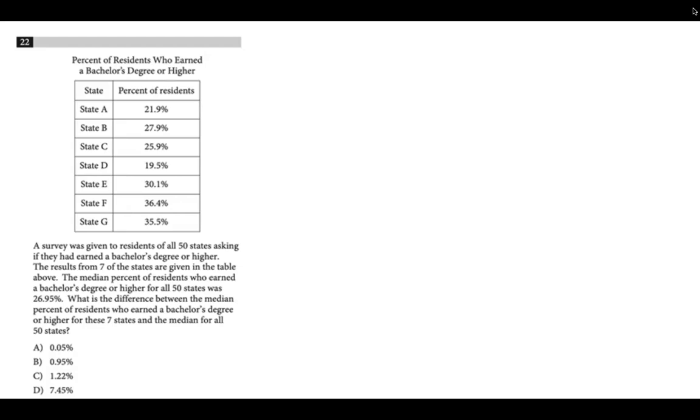All right. So for this question, the answer is B. And the way you get this is you first have to find the median. If you write these all out: 19.5, 21.9, 25.9, 27.9, 30.1, 35.5, 36.4.